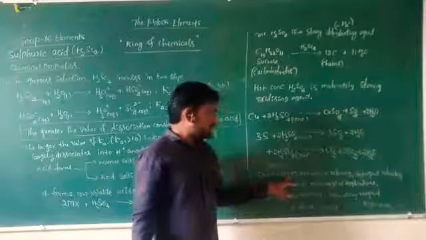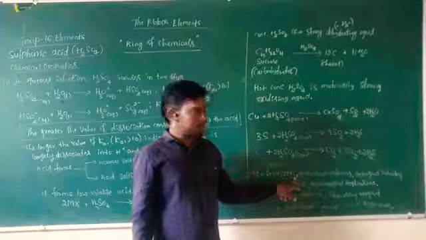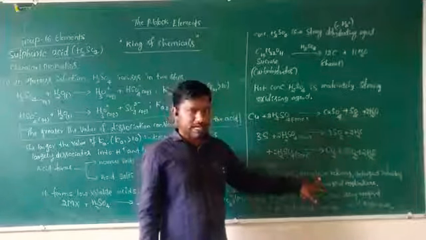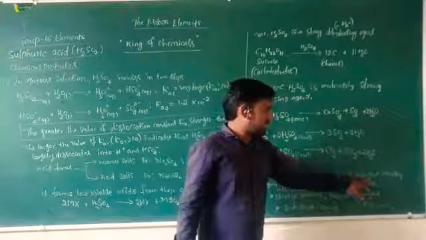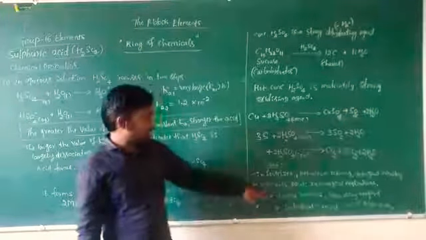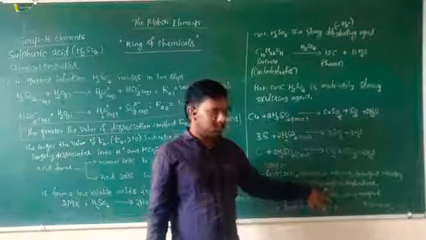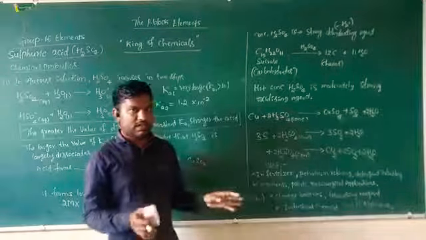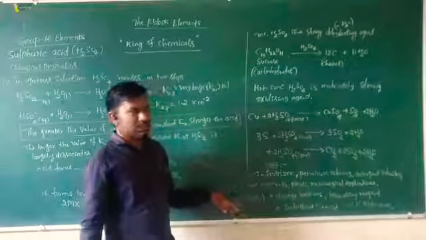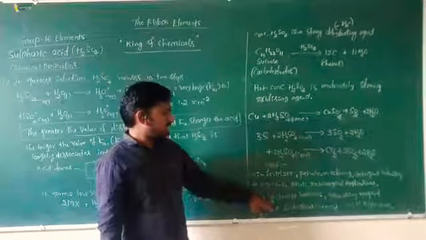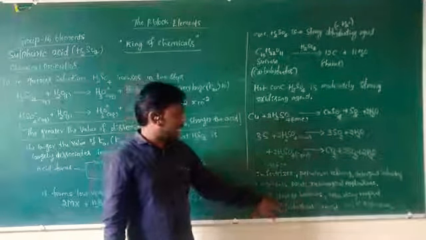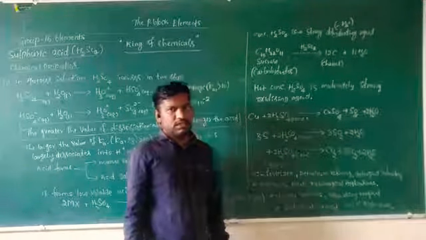Sulfuric acid is used in the manufacturing of fertilizers, petroleum refining, and for cleaning purposes. Sulfuric acid is also used in lead storage batteries and in our laboratory.